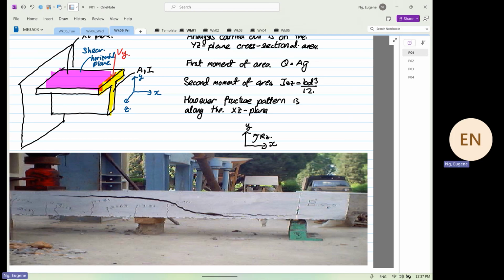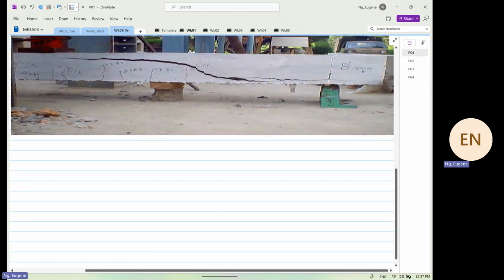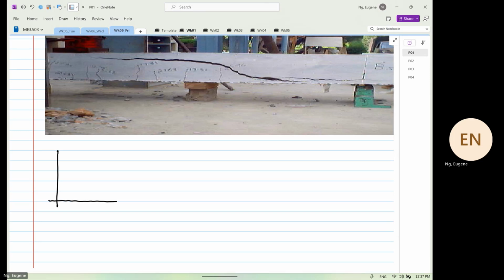So by looking back at the fundamentals, we know when we sketch our stress-strain curve, it can be normal strain or shear strain, normal stress or shear stress. We tend to get this trend. So this is where fracture will occur.